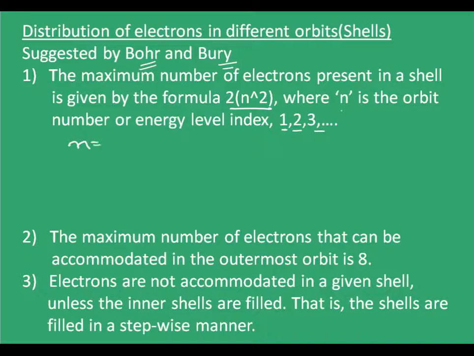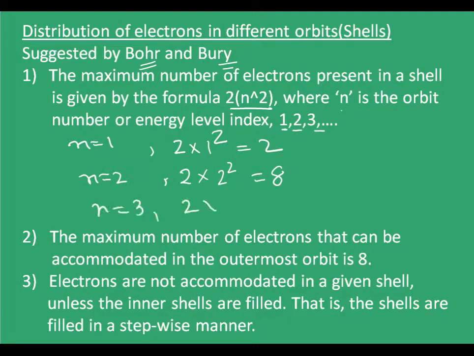So for n equals to 1, the number of electrons that it can hold is 2 × 1² = 2. For n equal to 2, it is 2 × 2² = 8. For n equal to 3, it will hold 2 × 3², that is 18, and so on.